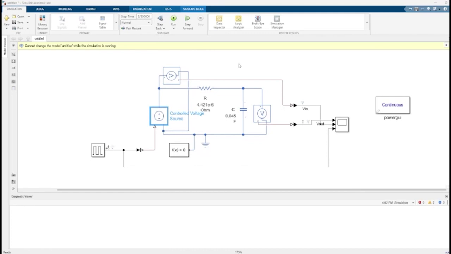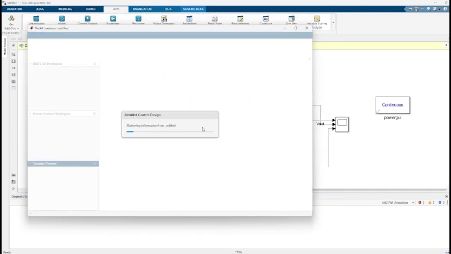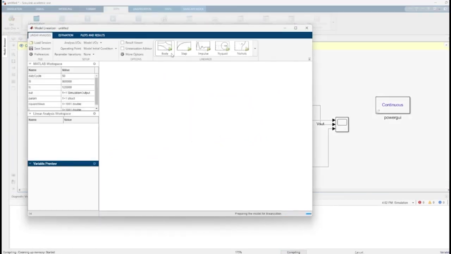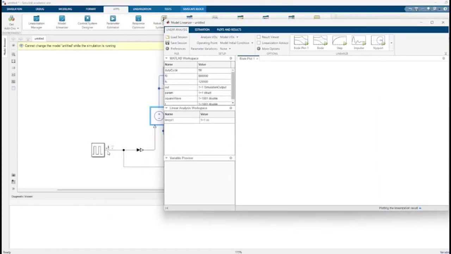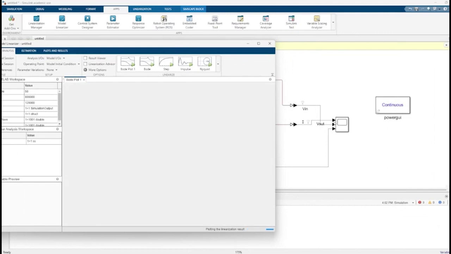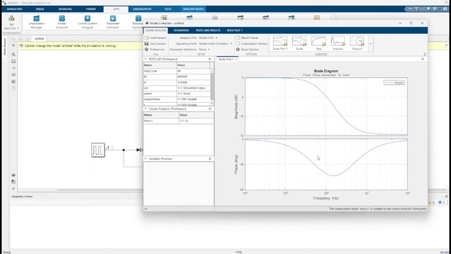For the frequency domain analysis, we can use the linearizer model, and we can use a Bode plot to plot the frequencies. By the way, I've already set the input and output for the linearizer model, and now, given the input and output, we get the frequency response.